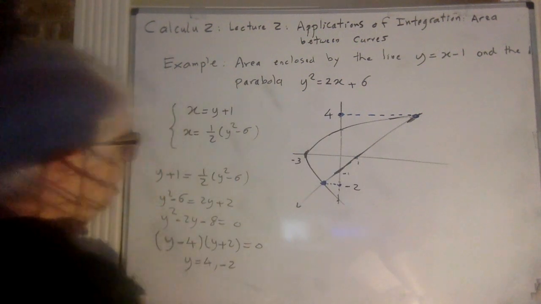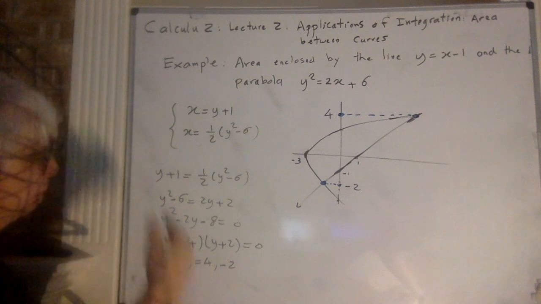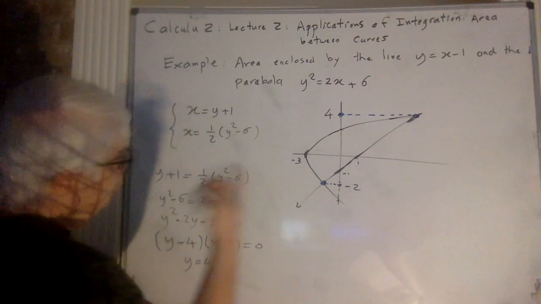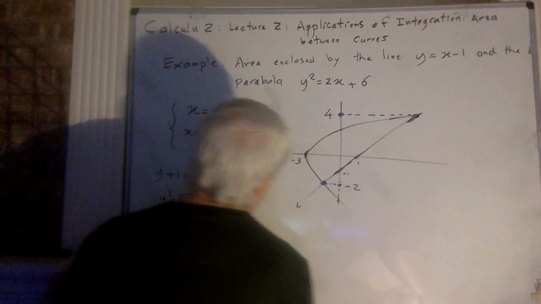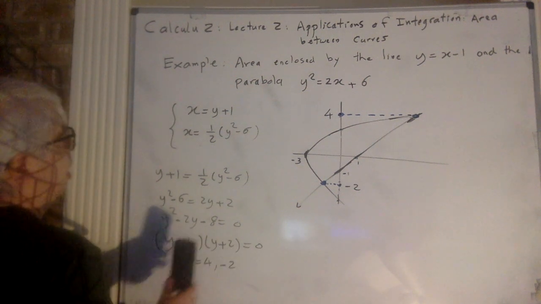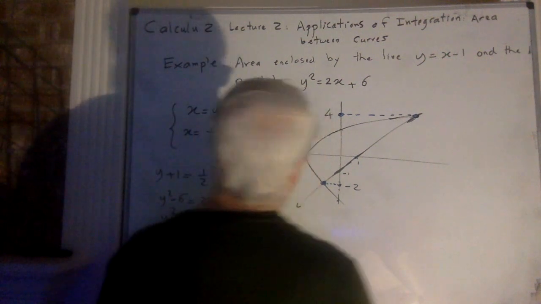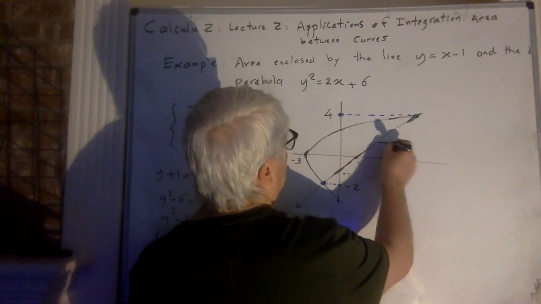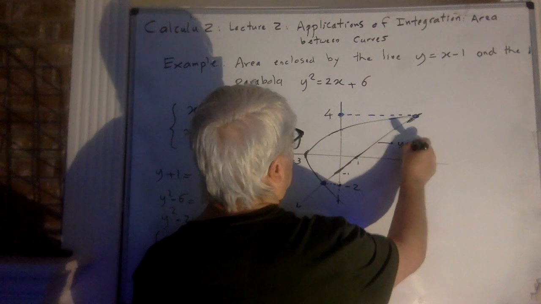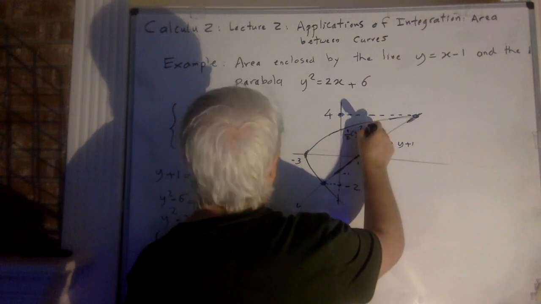Well, I don't need the x's, but I will probably find the x's because I want to write down the integral using x. Okay, so I have the two points, and this one is in fact y plus 1 and this one is 1/2 y squared minus 6.